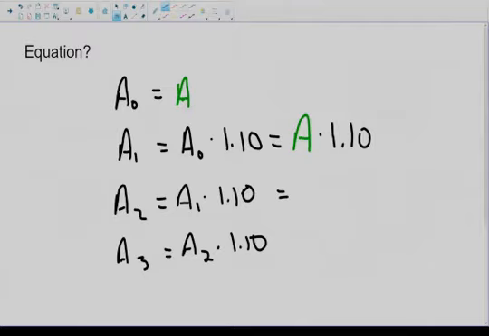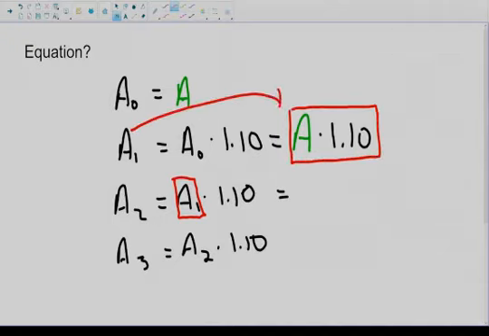Okay, how did we calculate A2, the second year's amount? Well, we took the first year's amount and multiplied it by 1.10, which I wrote here. But what is A1? And I'm going to use a different color to show this. Isn't A1 this? A1 is equal to A times 1.10.